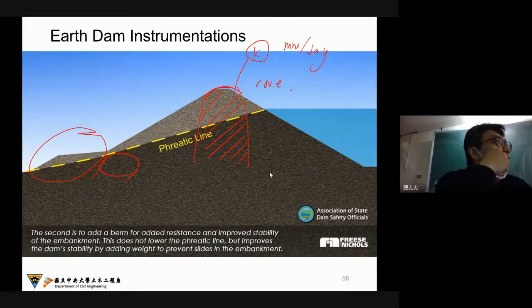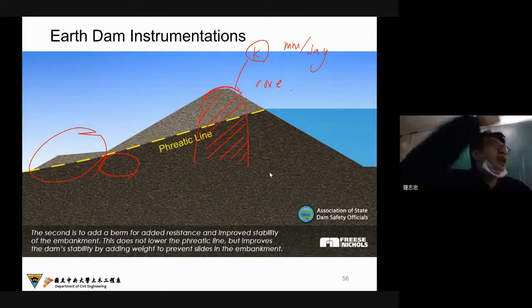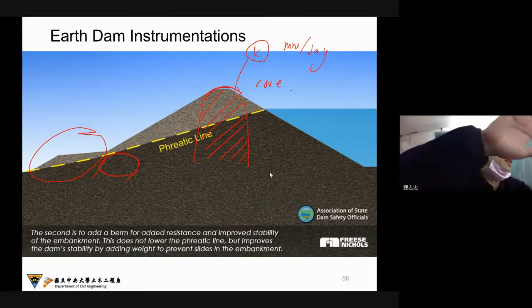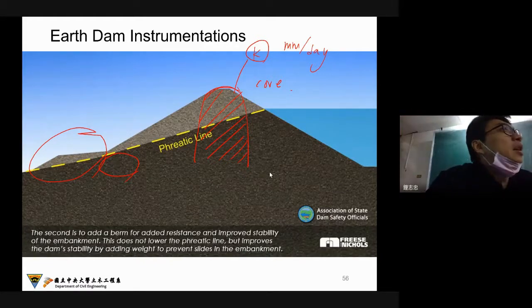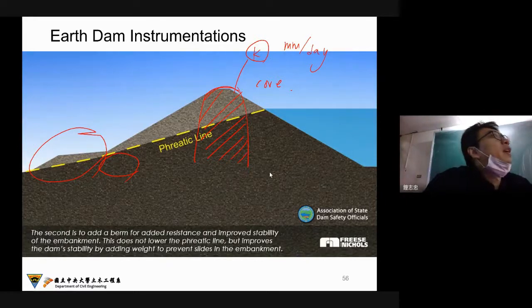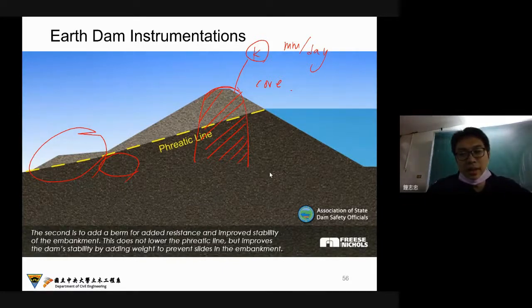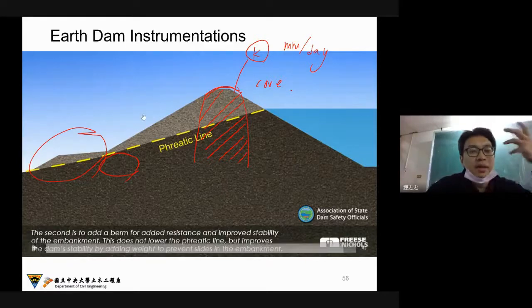Because you have a limited budget, you cannot put sensors in every location. It is impossible. So you need to find some places that have a higher potential of failure, right? Okay, so I think this will be the main concept for the monitoring in this class.